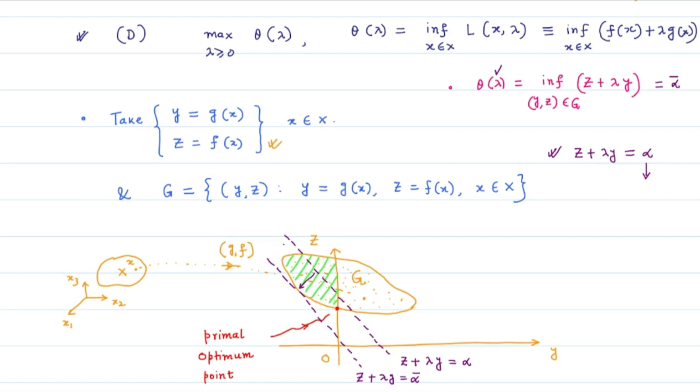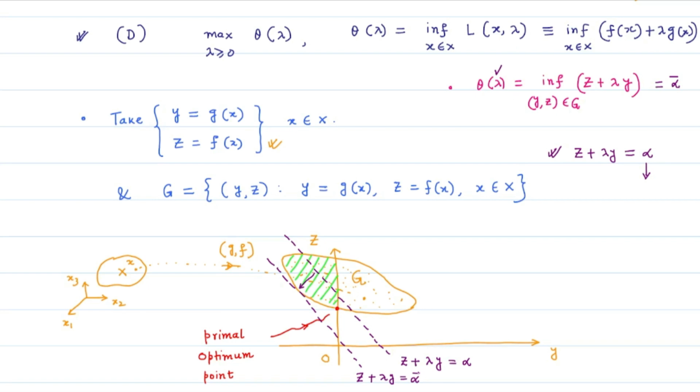Accordingly, you consider the parallel lines having slope minus lambda, and out of these parallel lines, the line that supports the set capital G is going to give us the infimum most value of the function z plus lambda y, and hence this alpha bar is the value of this function theta lambda.